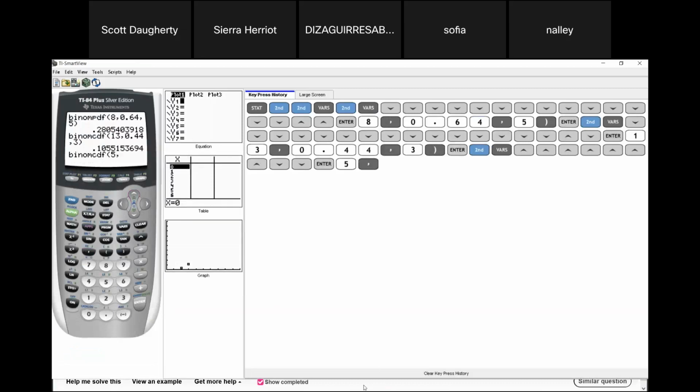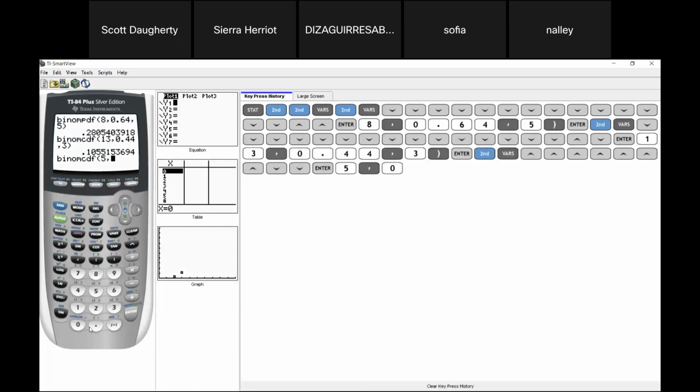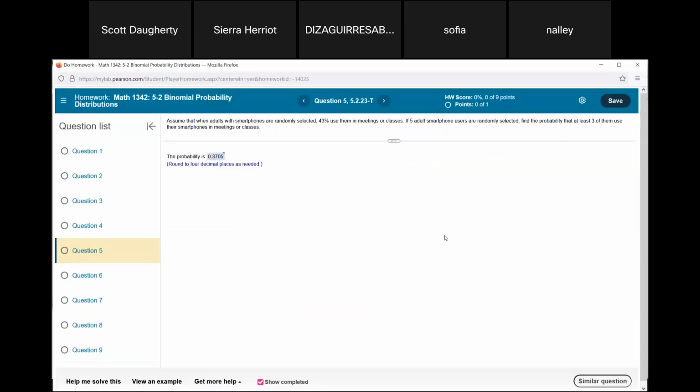The probability of success for each trial was, let me check it again, 43% this time, so 0.43. Now I want to plug in, let's go back and look, I think it was at least 3.